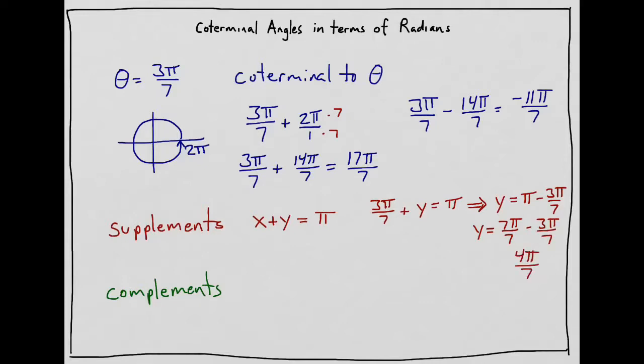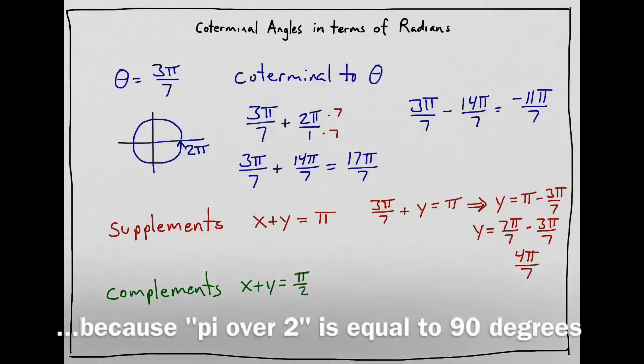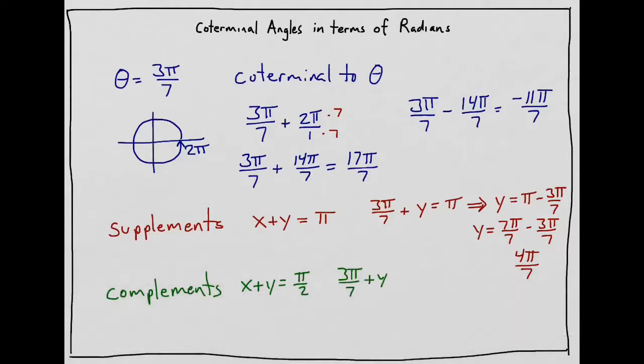In a similar way, with complements, two angles are complementary if their radian measure adds up to pi over 2. So looking at our example, if I have 3 pi over 7, I want some angle y that I can add to that to get pi over 2. So likewise, that's the same as thinking of y as being equal to pi over 2 minus 3 pi over 7.